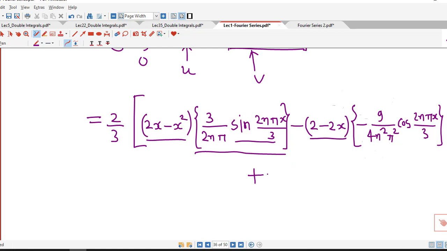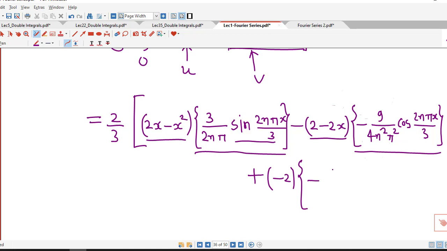The derivative of 2 minus 2x is 0 minus 2 into 1, which is minus 2, into the integral of this bracket. So it is going to be sin 2n pi x by 3 divided by 3 over 2n pi. So this 9 over 4n square pi square will be multiplied with 3 over 2n pi.